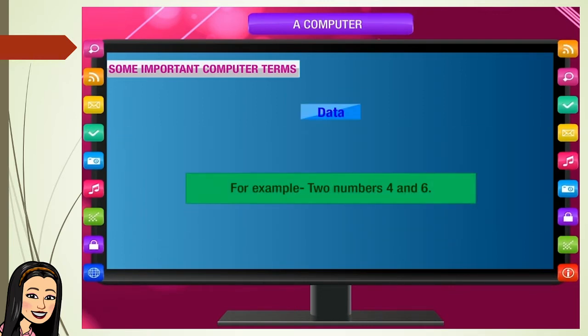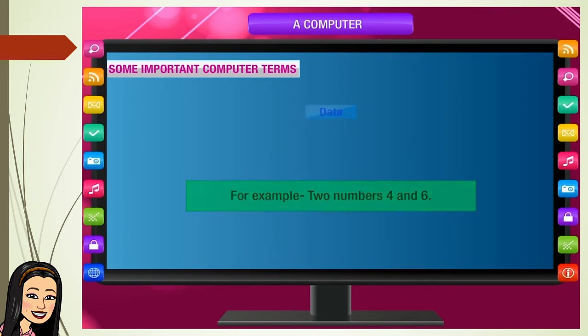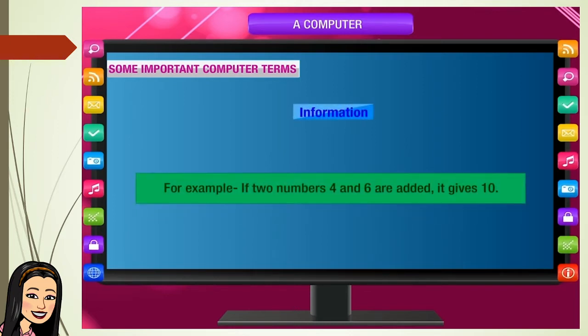Data. Raw data or unorganized facts are known as data. For example, two numbers 4 and 6. Information. When data is organized in a useful or meaningful way, it is called information. For example, if two numbers 4 and 6 are added, it gives 10.